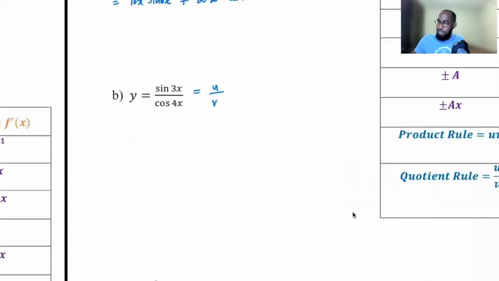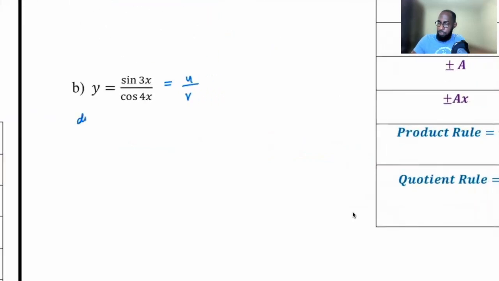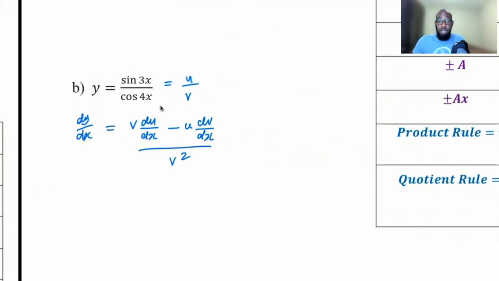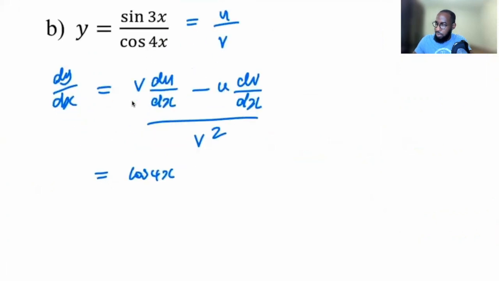So that's the first thing I'll write. I like to write my formula first. dy dx equals... Then you substitute. So v is cos 4x, so I'm writing cos 4x. Let me zoom this a little bit.